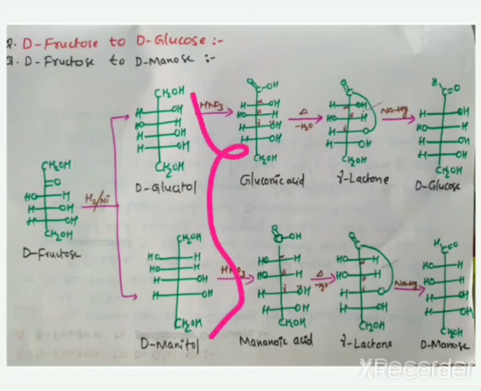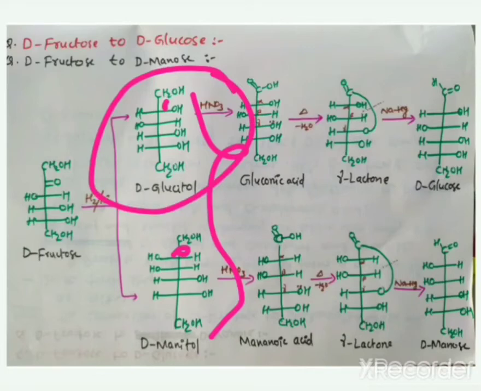In these two products, the difference is on second carbon. In glucitol, on second carbon OH is on the right side. In mannitol, on second carbon OH is on the left side. That is the difference. Only the C2 configuration is changed. Remaining all are kept constant.